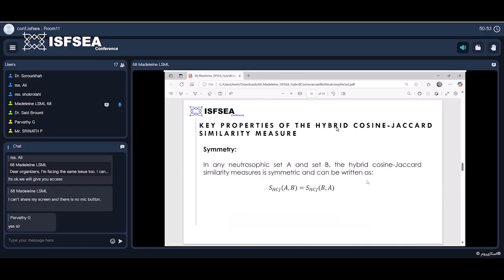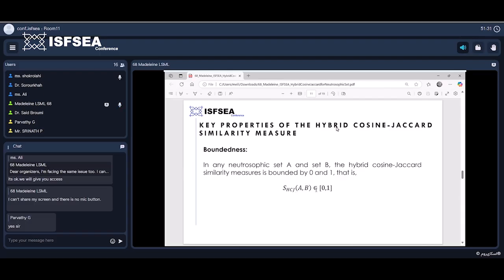In symmetry, we have in any Neutrosophic set A and set B, the hybrid cosine-Jaccard similarity measure is symmetric, where we can write it as the hybrid of A and B is equal to the hybrid of B and A. Next, we have the boundedness. In any Neutrosophic set A and set B, the hybrid cosine-Jaccard similarity measure is bounded by 0 and 1.